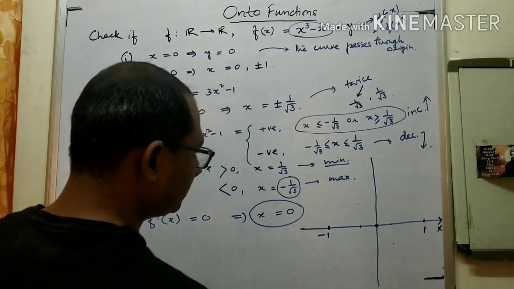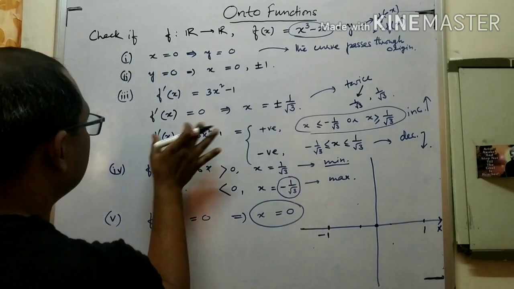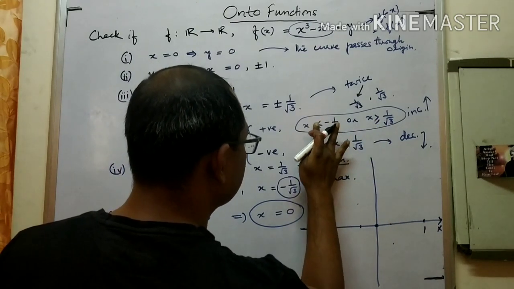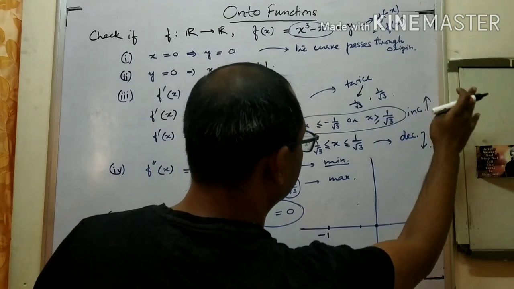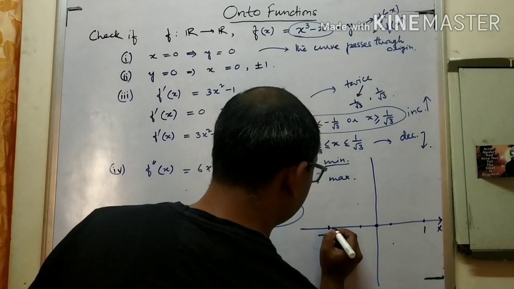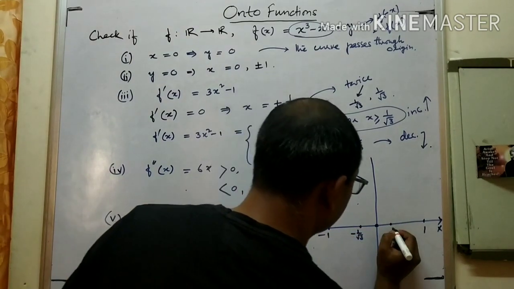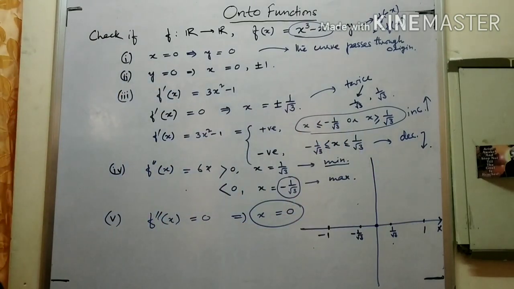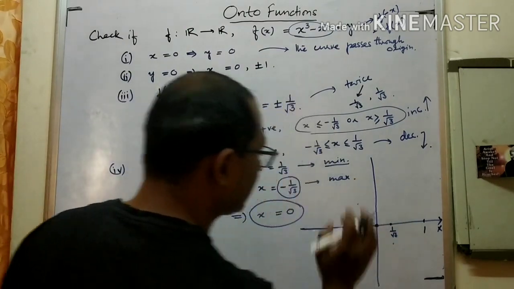The graph is increasing when x is less than or equal to minus 1 by root 3 and x is greater than or equal to 1 by root 3. So the graph will be increasing beyond these points, minus 1 by root 3 and 1 by root 3, and in this interval the graph will decrease.